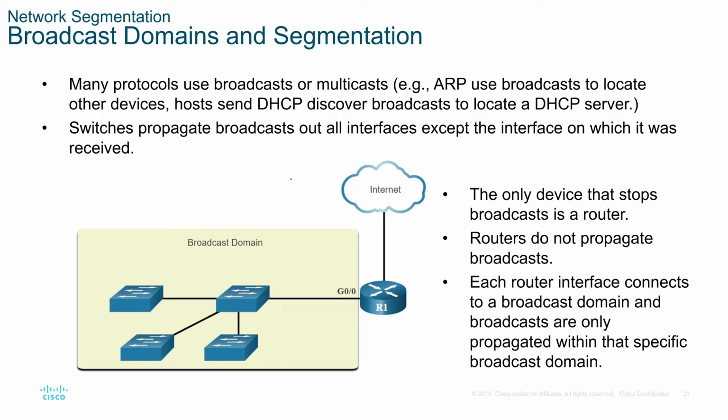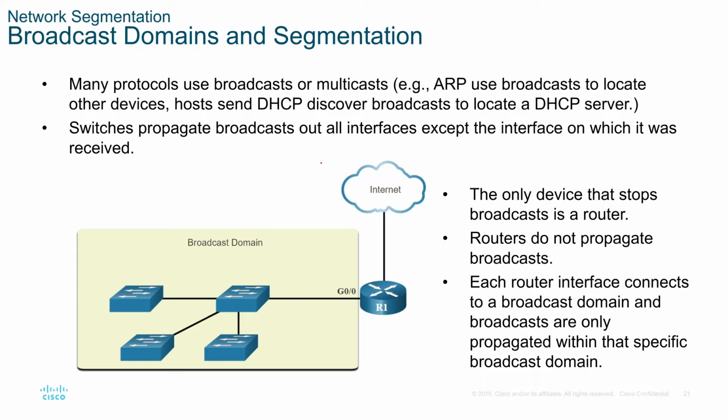So the only device that will stop a broadcast is a router. A layer 3 switch, because it does routing, can also stop a broadcast. The routers will not propagate the broadcast, and each router interface connects to a broadcast domain, and broadcasts are only propagated within that specific domain.